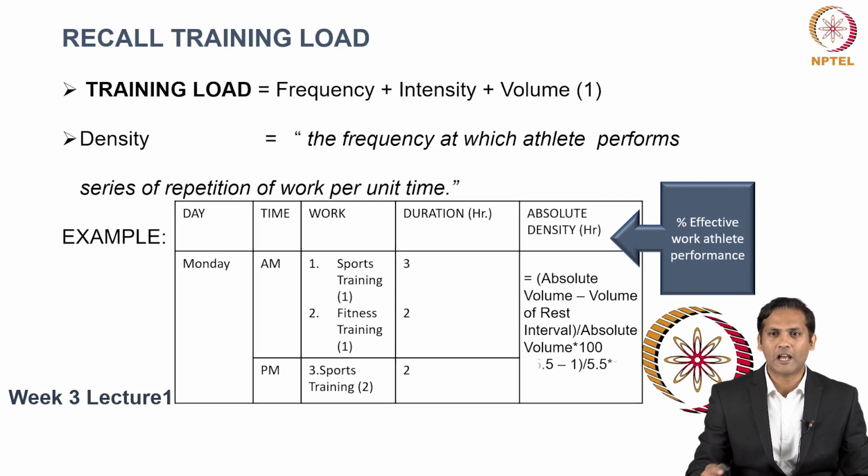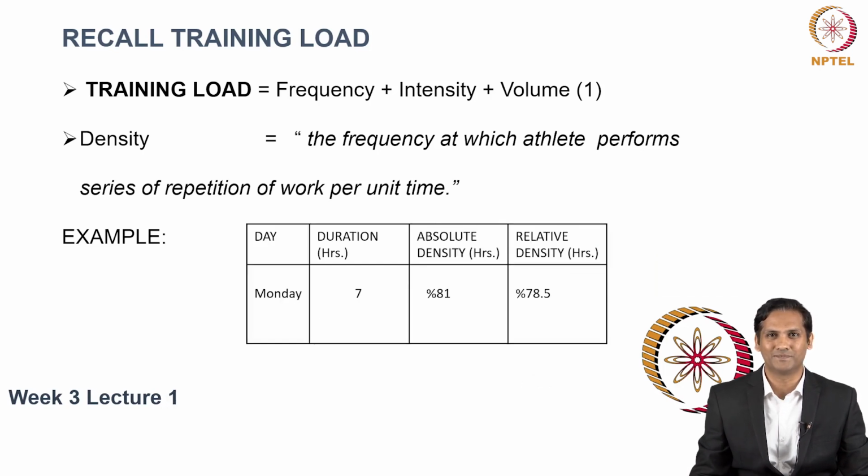Now let's calculate for the given scenario. Out of 7 hours, the athlete completes 5.5 hours. But among the 5.5 hours, he has a total rest interval of 1 hour, which includes active rest or passive rest. So in total, the absolute density on Monday comes to about 81%.